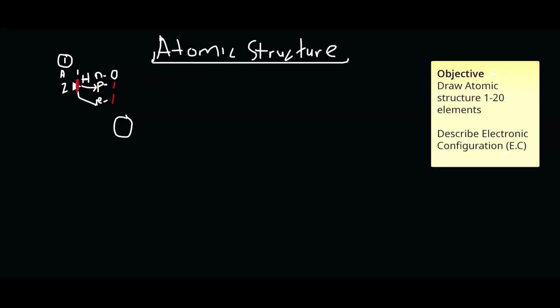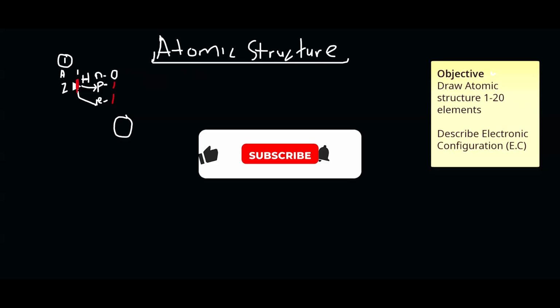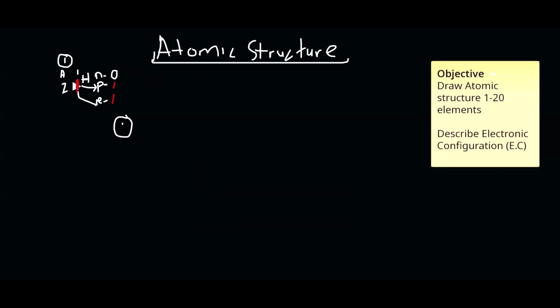Now drawing the structure. Remember that we write the amount of P and the amount of N. The amount of N in the structure is 0 and the amount of P is 1. So we write 1P and 0N in the middle.